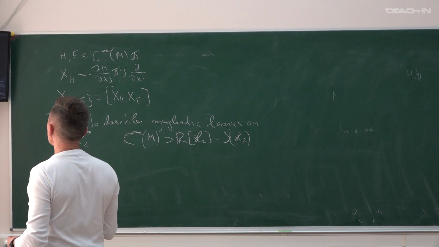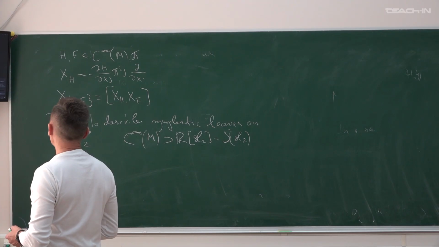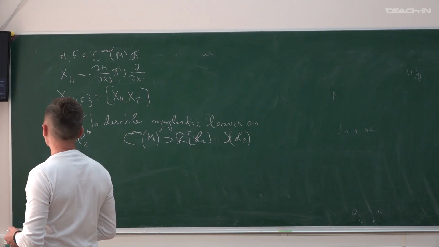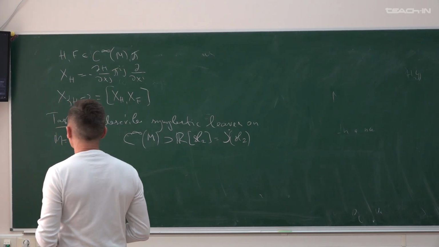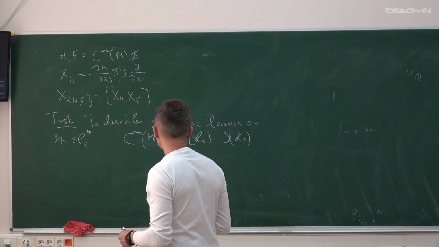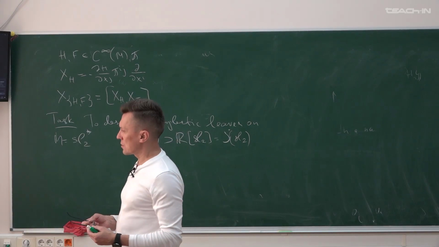Junlong Chen, have you done this homework? Sorry, I don't know how to solve this. I have tried, but don't know how to solve it. But could you describe what to do? So what is the symplectic leaf in this situation?